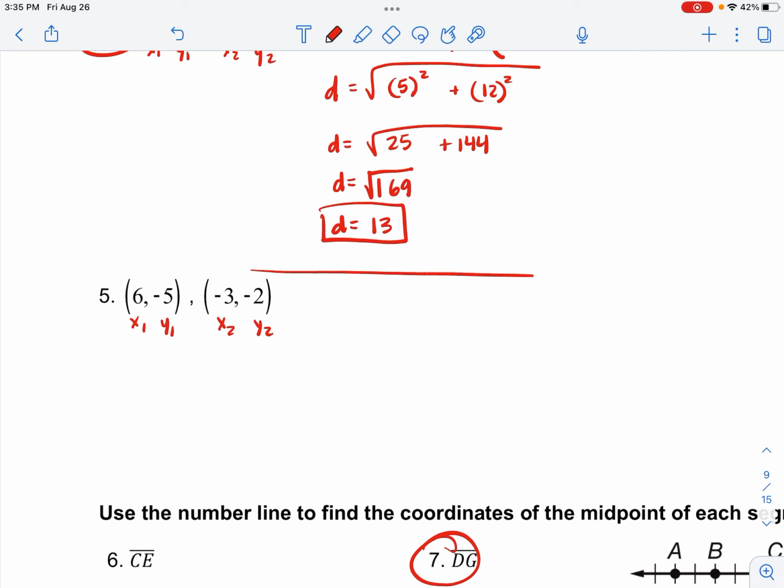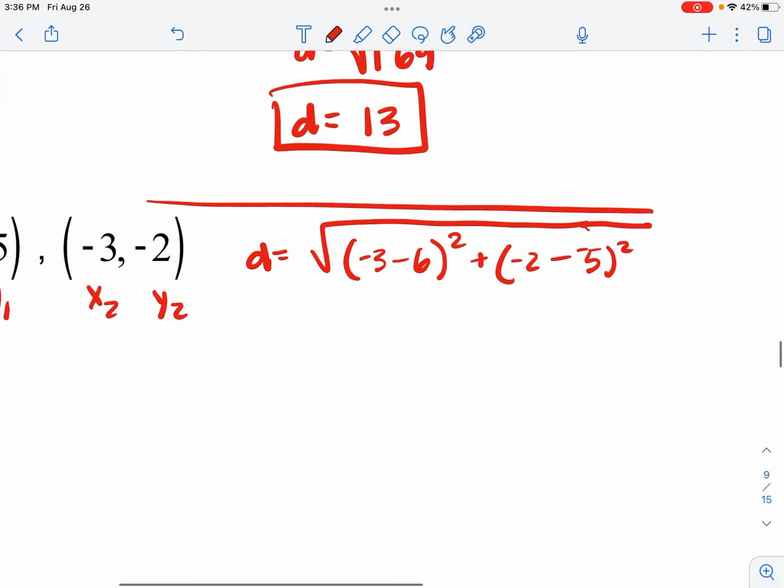So I'm going to do a little bit of a space here so you could differentiate one problem from the other. D is equal to the square root of x2, -3, minus x1, which is 6, square that on the outside, plus y2, -2, minus -5, which is our y1 value, and don't forget to square this as well.